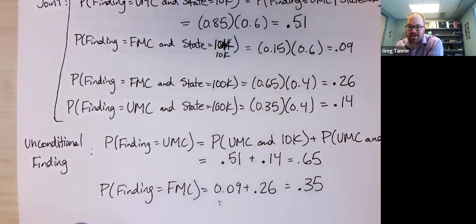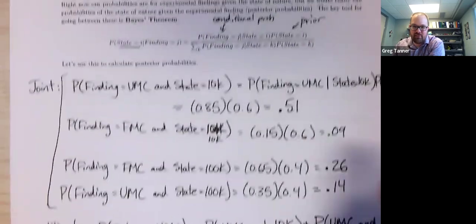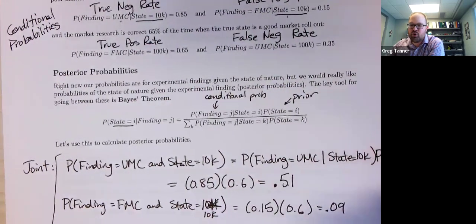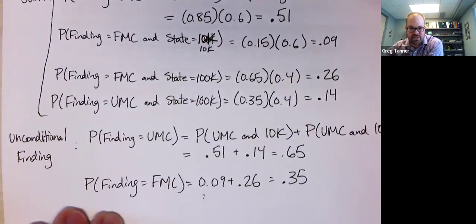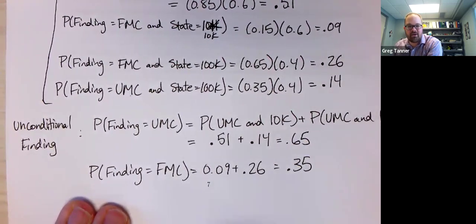Okay, I will say it's a complete coincidence that this 0.65, 0.35 matches up with the 0.65, 0.35 up there. Pure coincidence. Doesn't usually happen. But these unconditional probabilities tell us the likelihood of getting that finding.